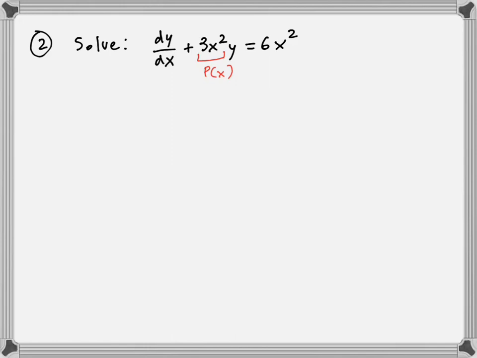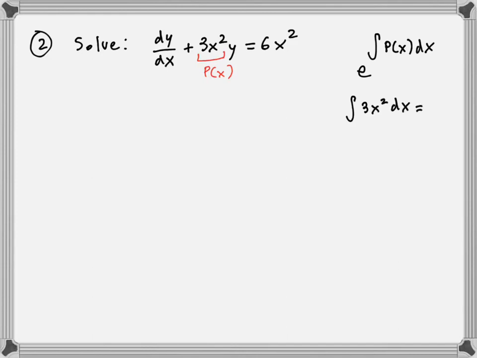So let's go ahead and find our integrating factor. Remember, we are going to have to do the antiderivative of p of x dx, and then we're going to do e to the power of that. So what is the integral of 3x squared dx?